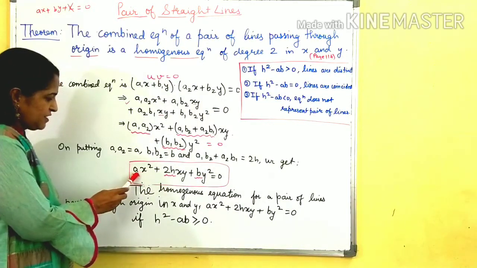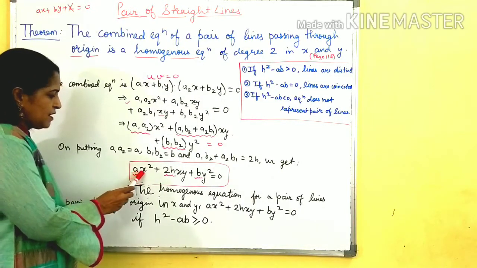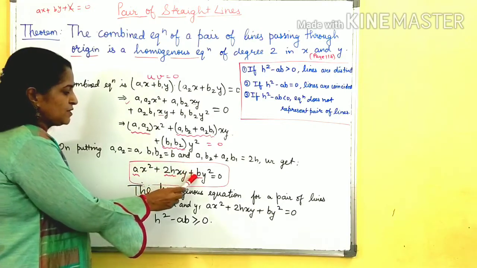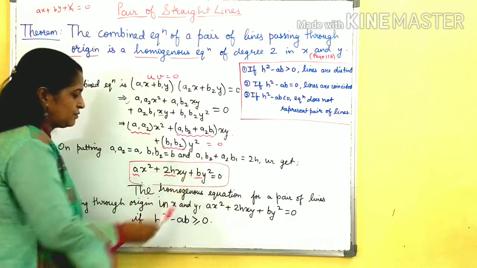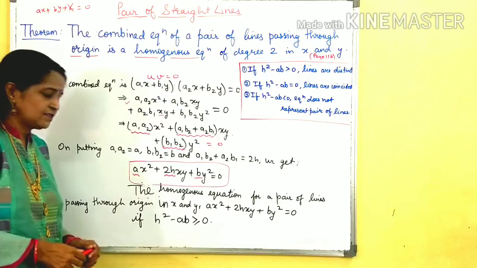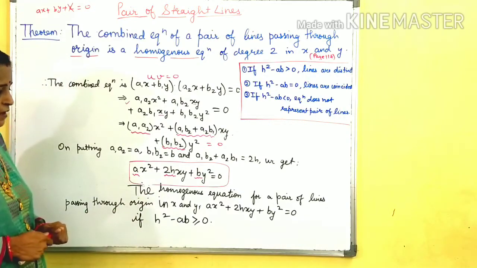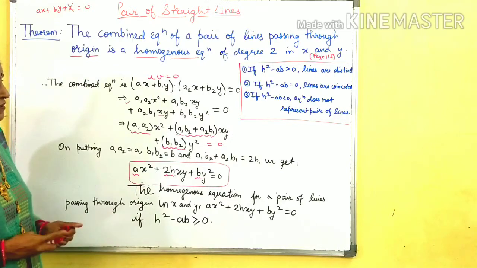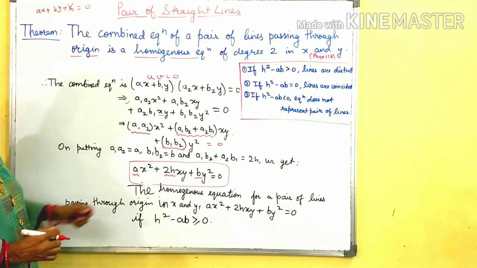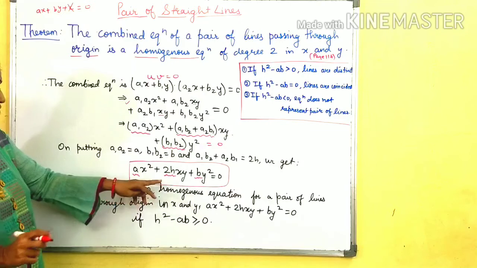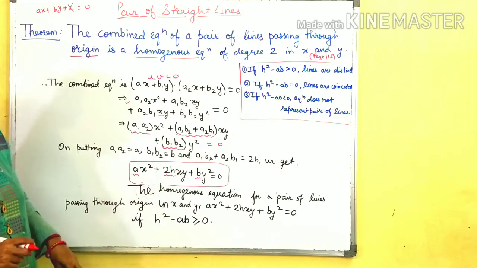As we get the equation ax square plus 2hxy plus by square equals 0, this is the equation of a pair of lines passing through the origin. But remember, each equation having degree 2 is not an equation of a pair of lines.